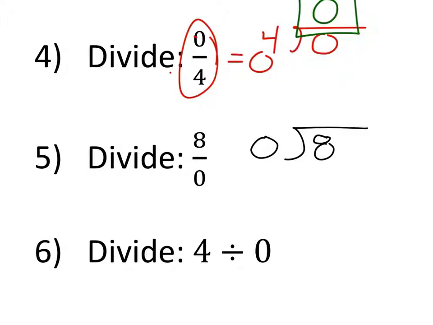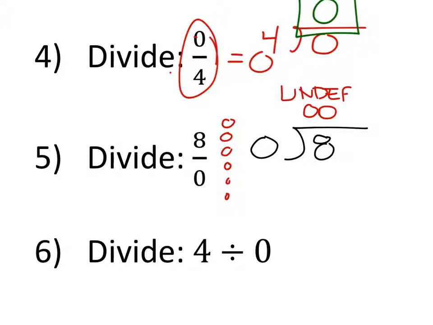The question is how many times does 0 go into 8? If I made the list like we did before, I'd have a 0, a 0, a 0, lots of zeros. In fact, it just keeps going forever and ever. So how many zeros are in an 8? Technically we would say that there's an infinite number, but for the sake of us, we'll just say that it's undefined.